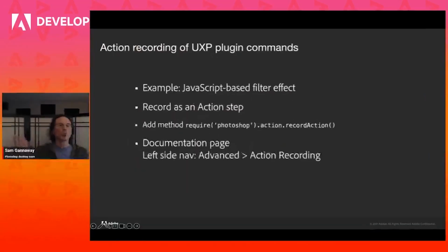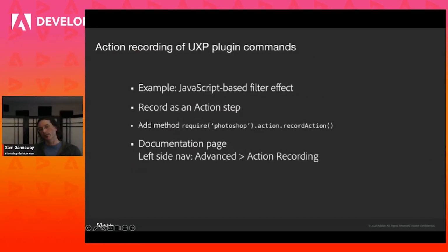Then when the action is played back, a message is sent to your plugin to say, run this, and then the magic happens. There were a few wrinkles to iron out upon the introduction of recordAction, but part of that reason is that this is actually new territory. This capability is unique to UXP plugins. We did not have this with CEP.